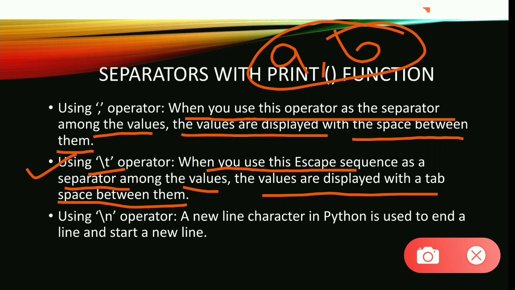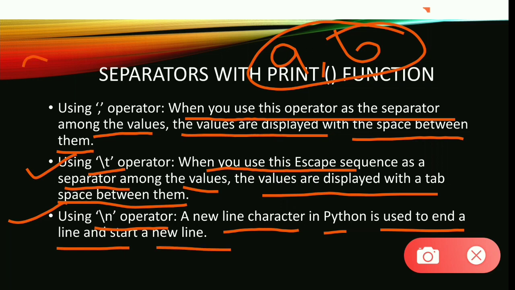Okay, next, that is using the new line character. With this new line character, a new line character in Python is used to end the line or start a new line. Means if you are entering the two arguments a and b and you want to show b in the next line, then at that time you can use this operator.